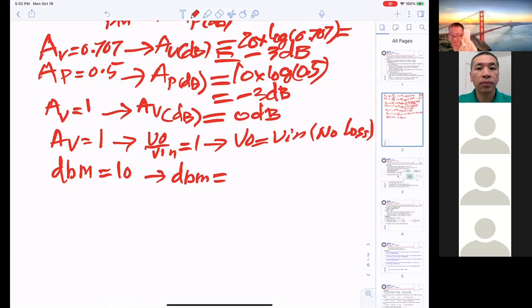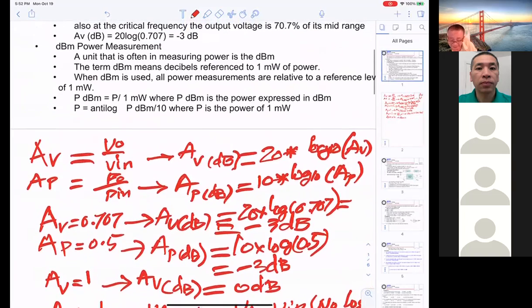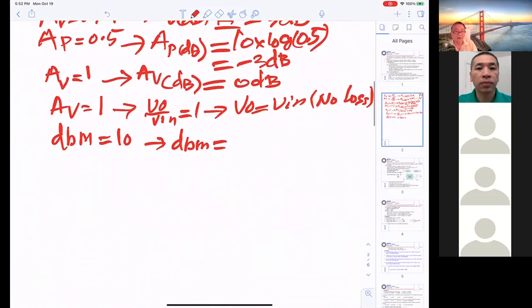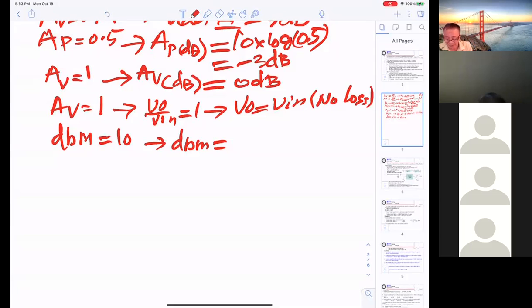I believe on the first page they have that. What is the formula for dBm? Is it power, which means it's 10 log? What does the dBm equal? I'm asking the formula. You look on the first page, P over 1 milliwatt. That is the formula.